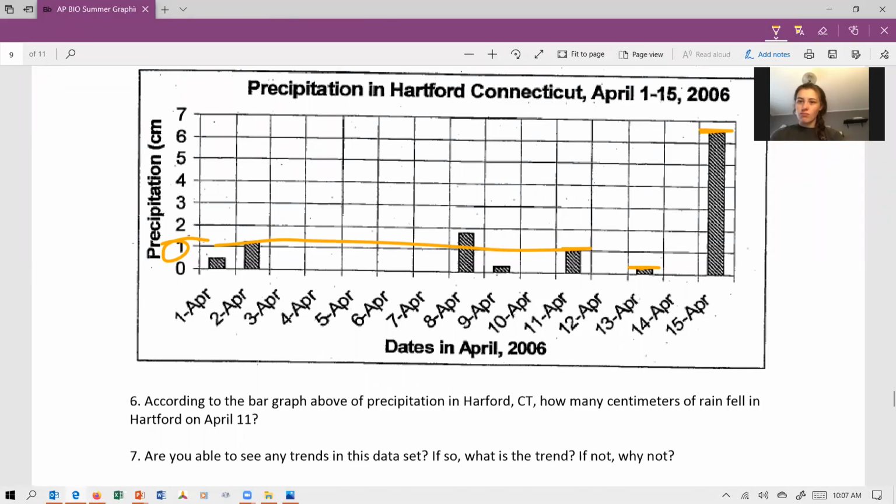I mean, from beginning to end, yes, there was this period of time where there is no precipitation. I guess we can call that a trend in one sense, but in another sense, it doesn't mean anything in the long run. It's just we didn't get any rain those however many days, 1, 2, 3, 4, 5 days.